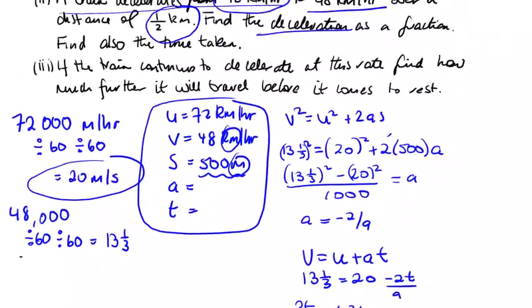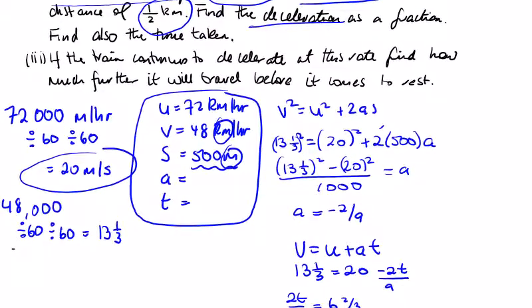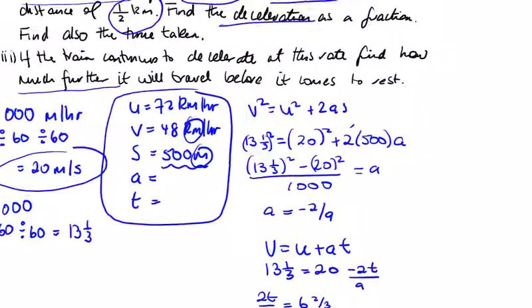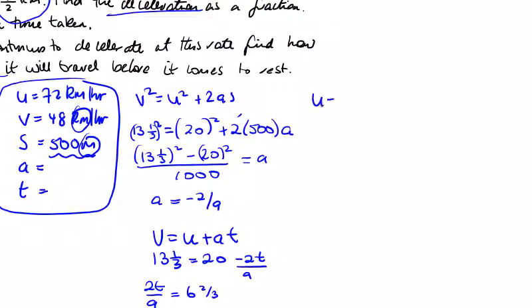Anything else in this question? If the train continues to decelerate, find how much further, so we're looking for s, it will travel before it comes to rest. So like the previous question where I took the wrong velocity, u is equal to what it's at now, 13 and a third. It's coming to rest at 0. a is equal to minus 2 over 9.